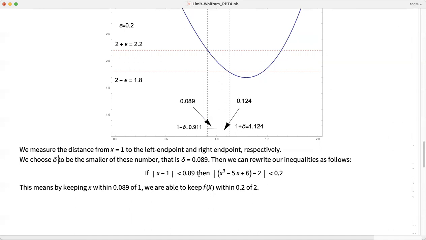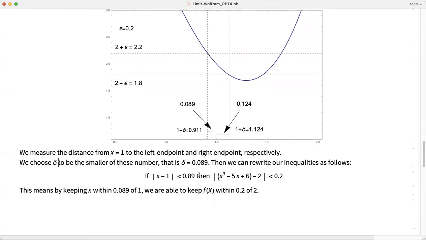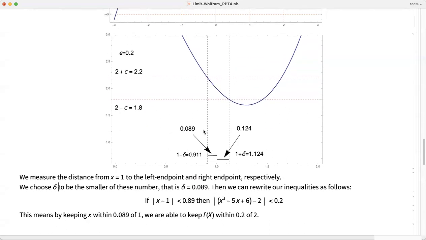If |x − 1| < 0.089, then |f(x) − L| < 0.2. This means by keeping x within 0.089 of 1, we are able to keep f(x) within 0.2 of 2. So how can you figure out the 0.089 and 0.124?